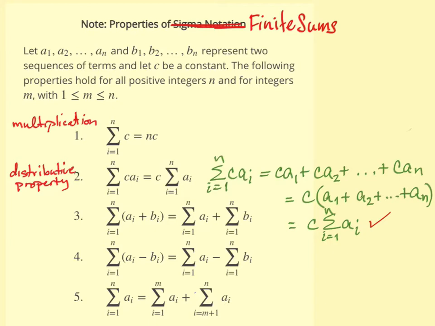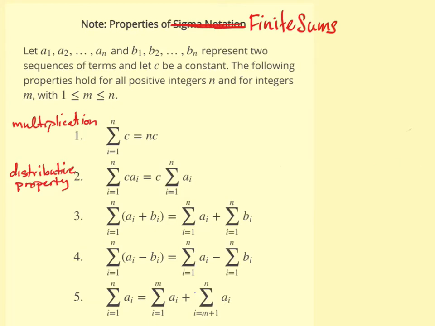The last three properties are all just different versions of the associative property of addition. The associative property of addition says you can reorder the numbers that you're adding together. As long as there's a finite number of them, you can reorder them, add them in a different order. So let's just look at one of them.